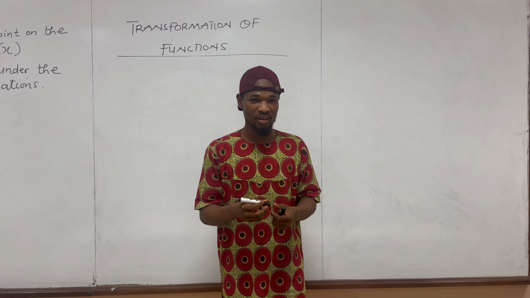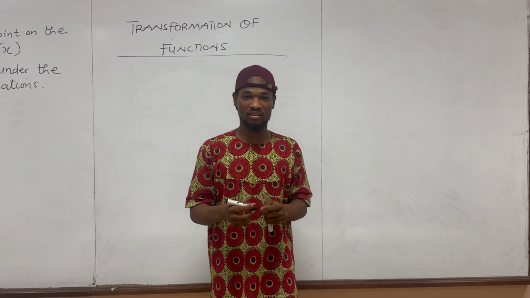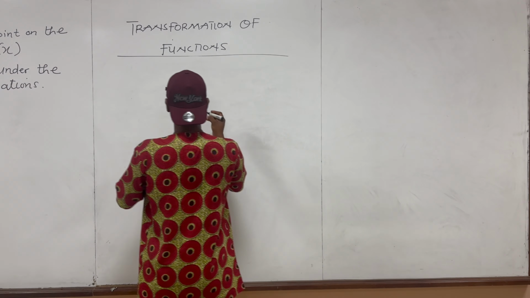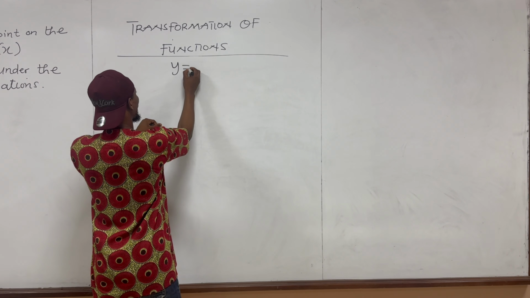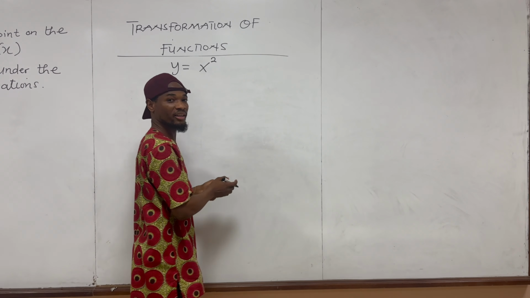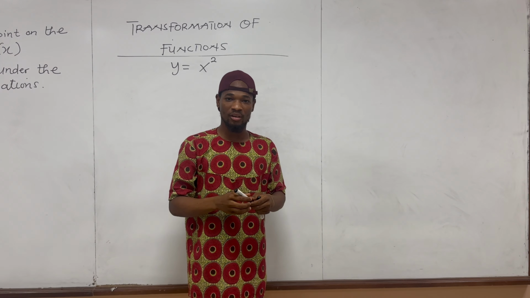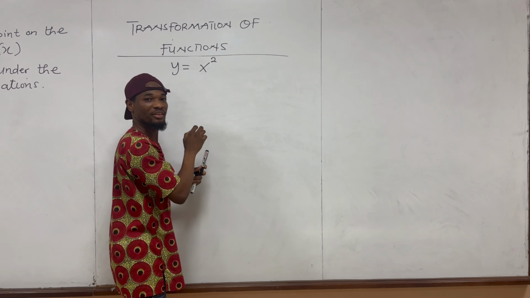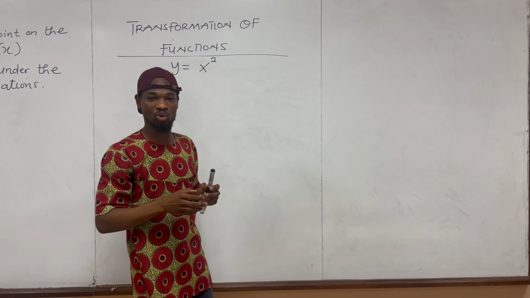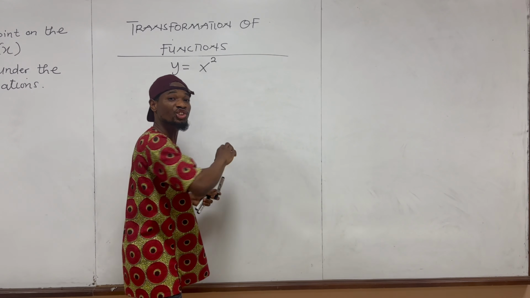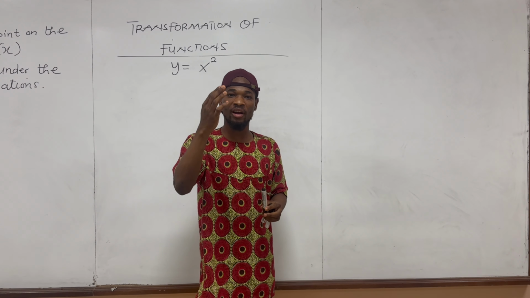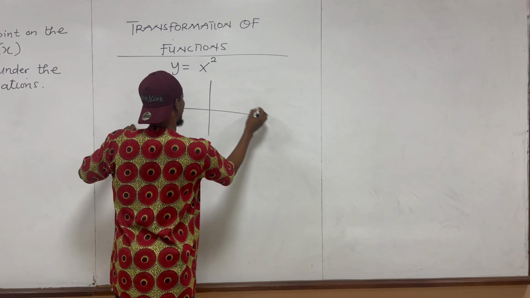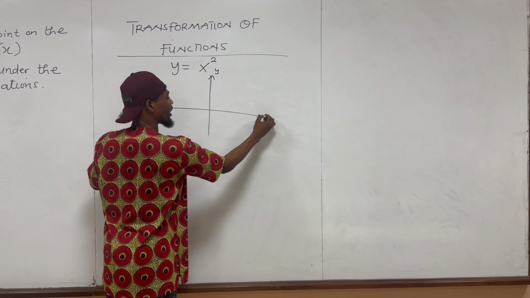So let's say I have a quadratic function, y is equal to x squared. How would you draw this, or what is the nature of this? We have to show this geometrically. Considering our rectangular coordinate system, I have my y-axis here and my x-axis here.